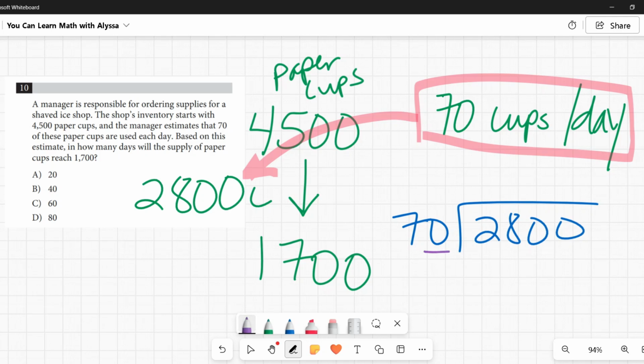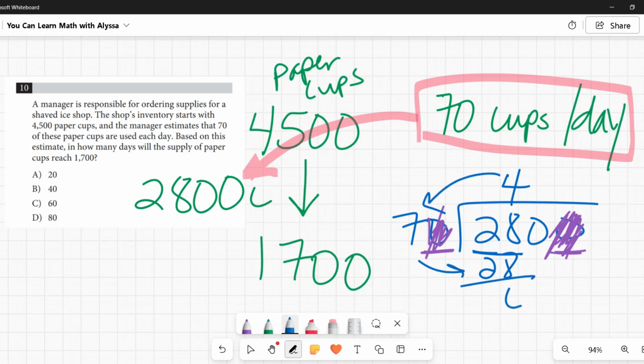When you have a number that ends in a 0 that's being divided into a number that ends in a 0, you can just scribble out those zeros and just divide the smaller numbers and you will get the same exact correct answer. I promise. Okay, so 7 into 280. 7 doesn't go into 2, but it does go into 28 4 times. Multiply back 4 times 7 to get 28, subtract, get a 0, bring down the 0, 7 goes into 0, 0 times.